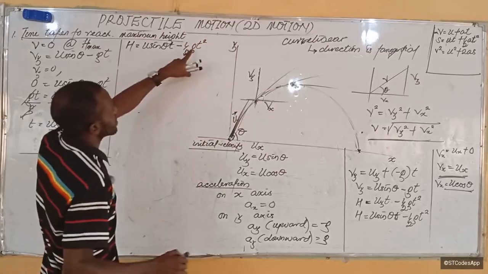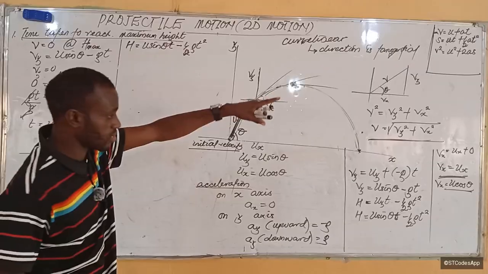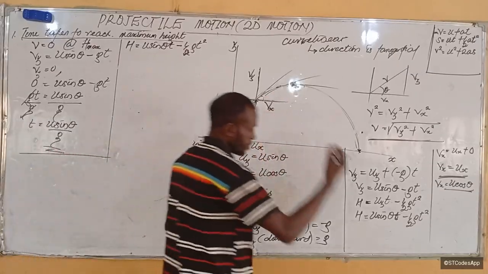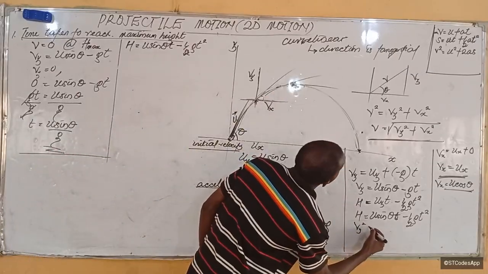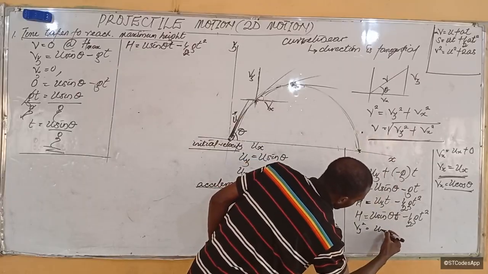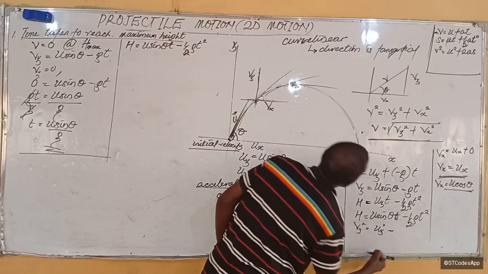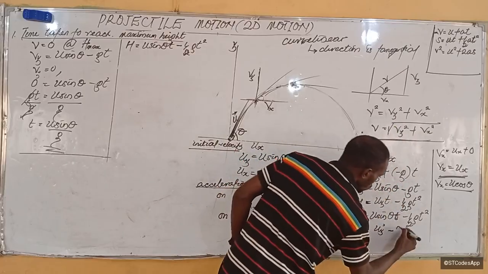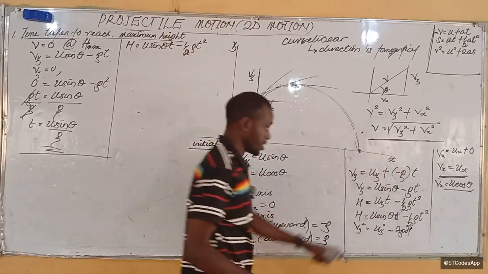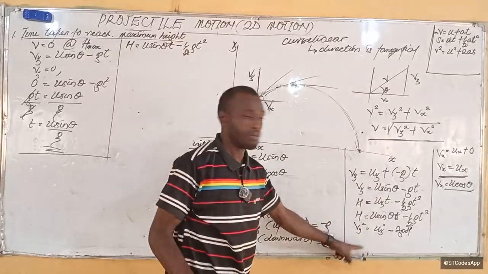I didn't even derive the third equation. It is simple. V sub y squared is going to be equal to u sub y squared minus, if the body is going up, 2gh.